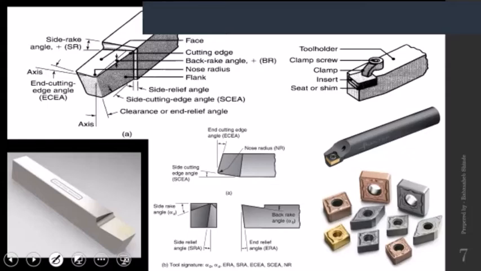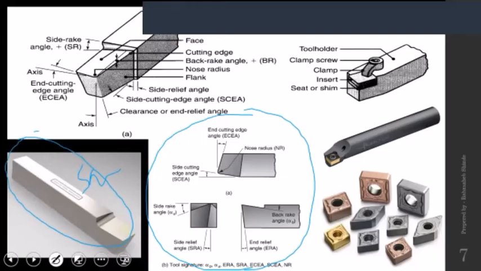Now this is a conventional method that we have been using for a long time, but nowadays, instead of using this square bar made of cutting tool material, instead of making this whole thing of the cutting tool material, these kinds of inserts are used.